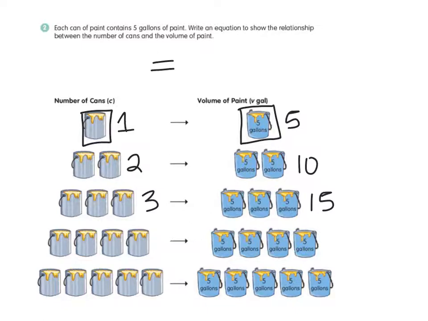I'm noticing that if you take the numbers on the left and you multiply them by 5, you get the numbers on the right. So I could say that the volume of the paint, which is right here, is equal to the number of cans times 5.